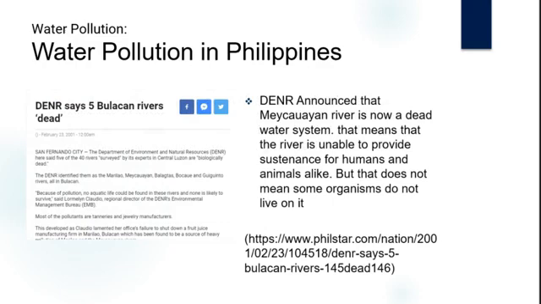An example of water pollution is that DENR announced that the Mayo Kawayan River is now a dead water system, that the river is unable to provide sustenance for humans and animals alike. But that does not mean that some organisms do not live in it.